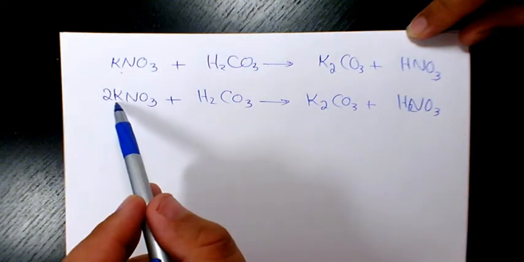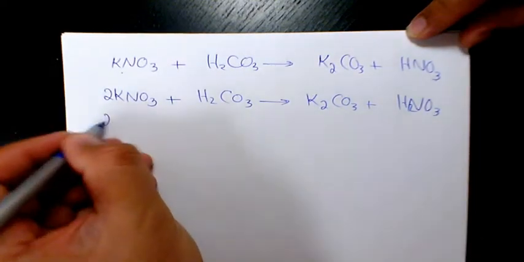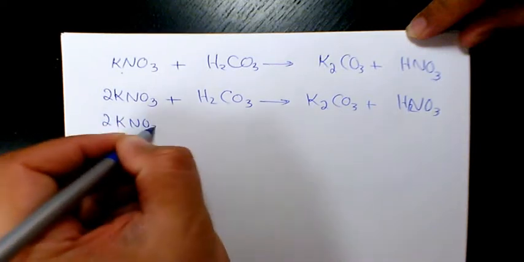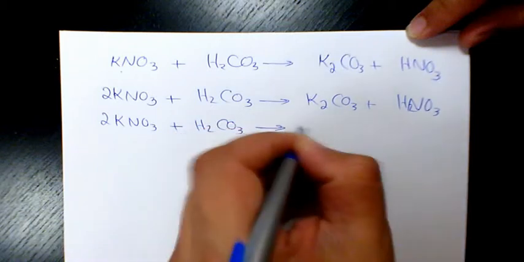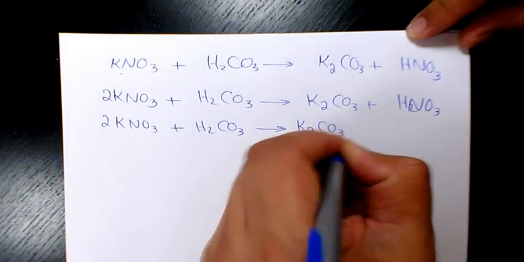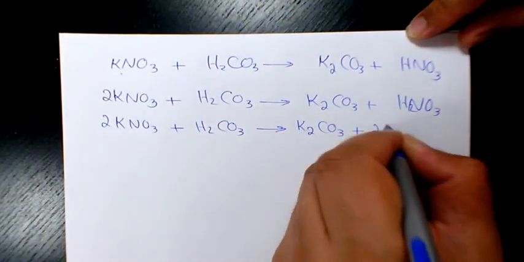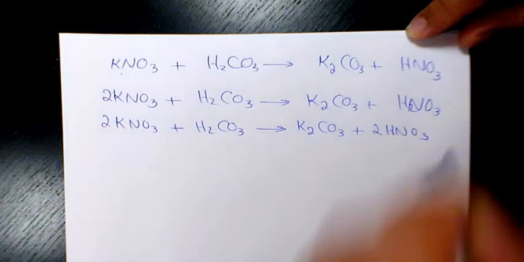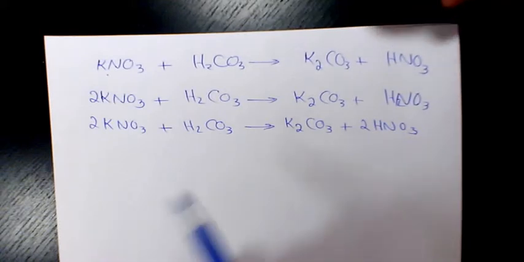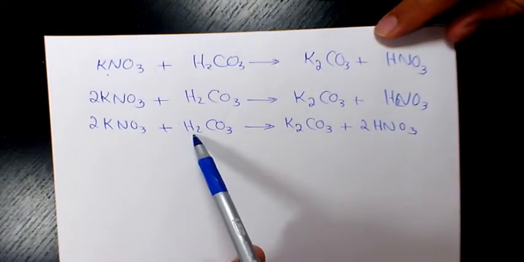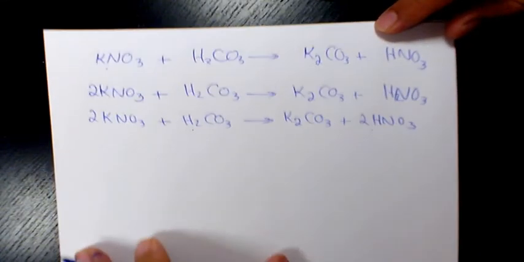Nitrogen, we have 2 in here, we have 1, so I'm going to put 2 there as well. So CO3 is balanced. Hydrogen, we have 2 in here, we have 2 in here, so everything is balanced now.